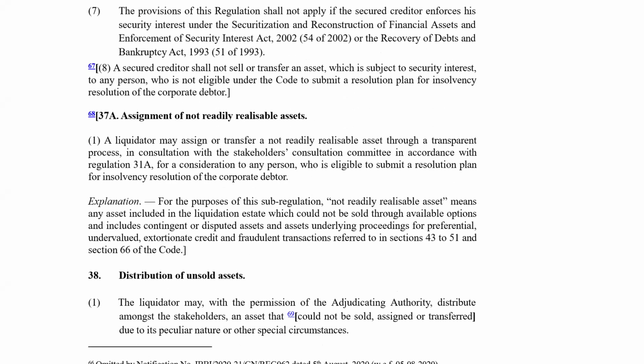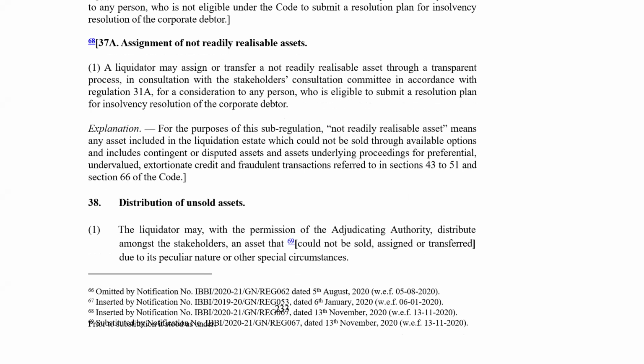Assignment of not readily realizable assets, NRR. What are these NRR? Suppose sundry debtors are there, amounts receivable are there, there are many assets, and they are not getting realized. So what will the liquidator do?